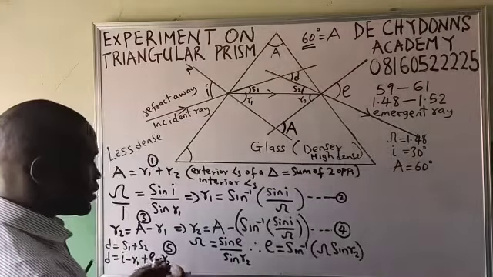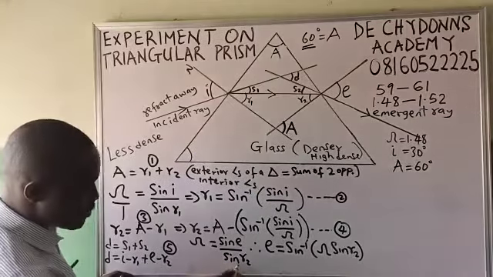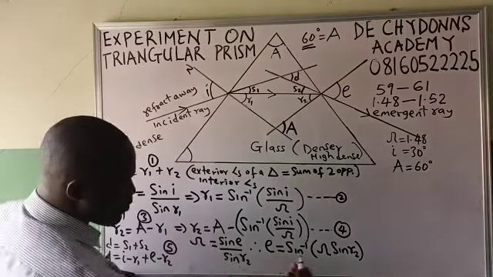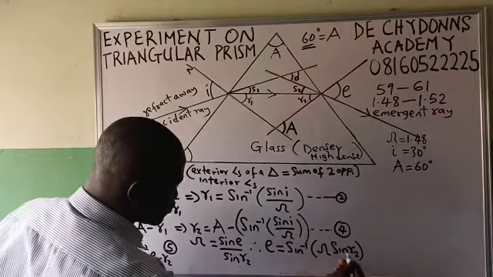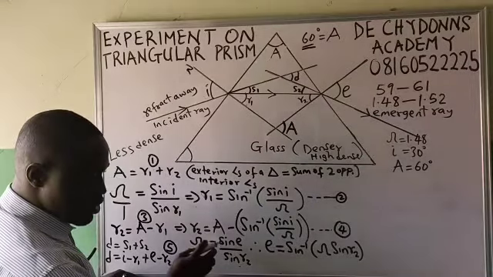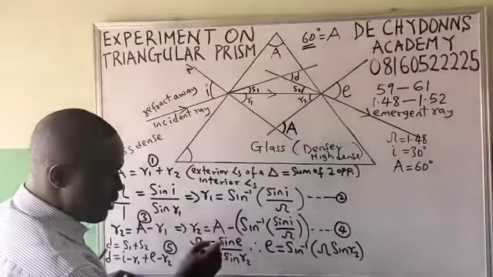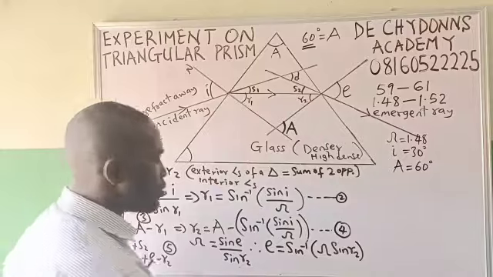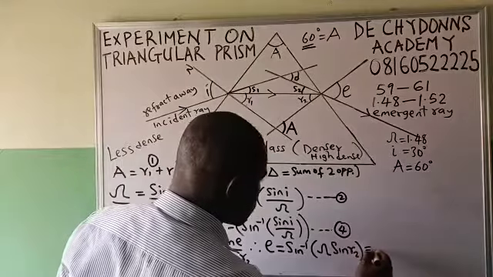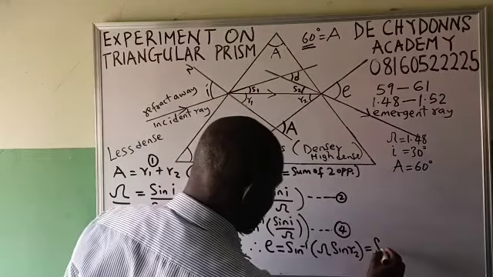Sine inverse, because when you cross multiply, it gives you n sine R2, refractive index times sine R2, equal to sine E. Therefore, E will be equal to sine inverse of the product. Then, what is our R2?